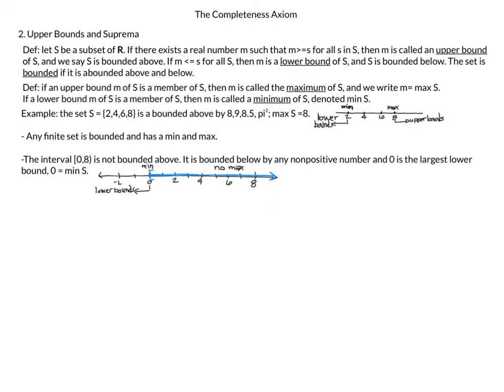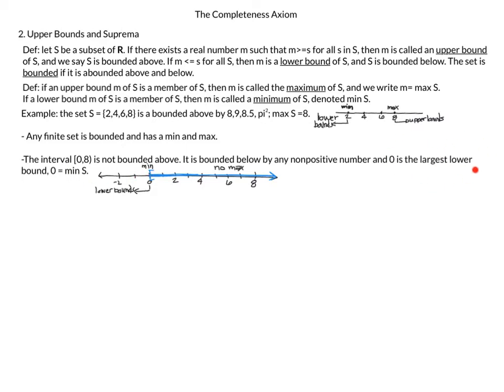But it is bounded below by any number less than 0, because any number, say -2, is smaller than any number in the set. 0 is the largest lower bound, and all the other lower bounds are smaller than 0.